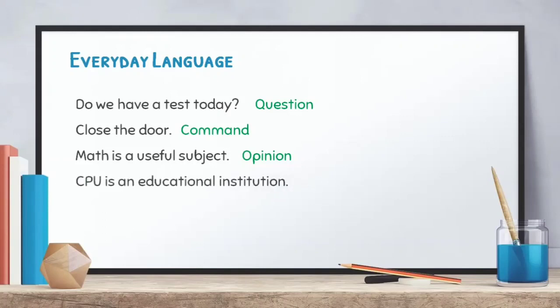So we have another declarative sentence. CPU is an educational institution. This kind of sentence is true because in reality, CPU is an educational institution. So this kind of sentence could be also a statement. And what is a statement?